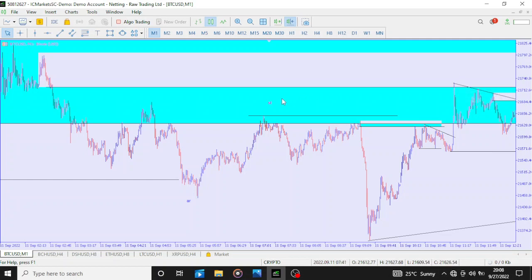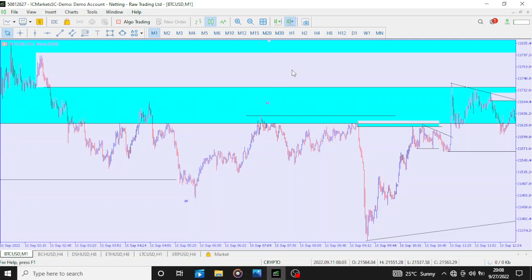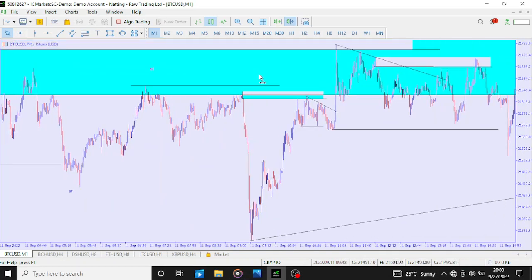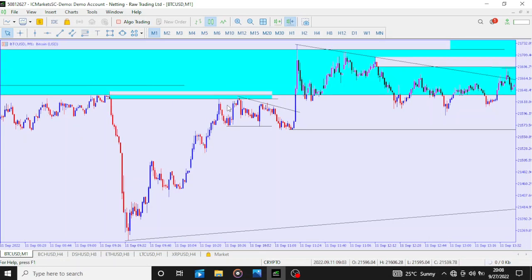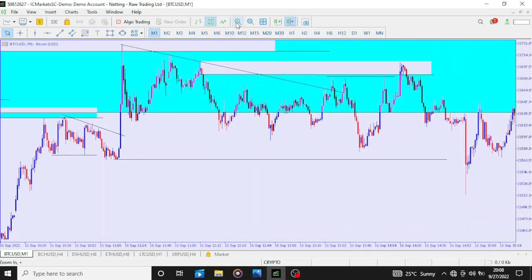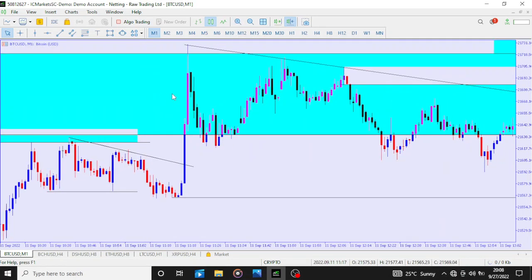This ran all of the liquidity that was above this lower high, and this was the only supply that was left unmitigated. So this wick here mitigated this 10-minute supply, and after that the price went on and mitigated any supply that was left at this point.